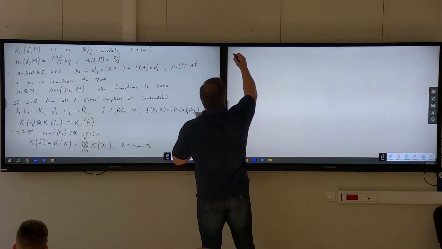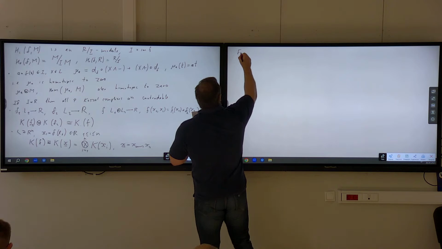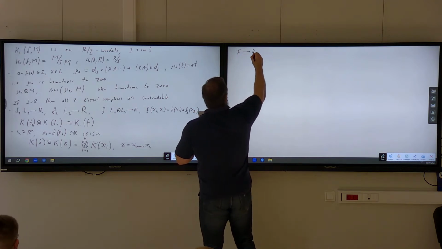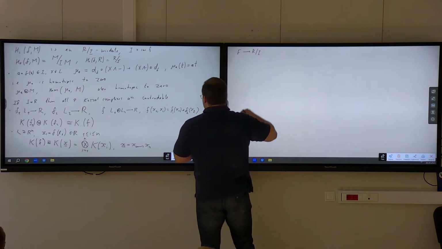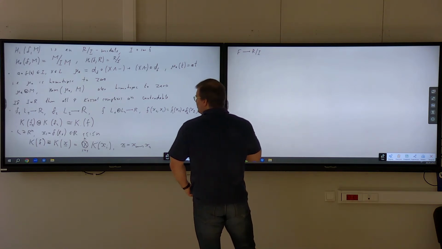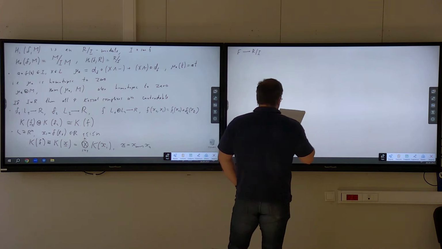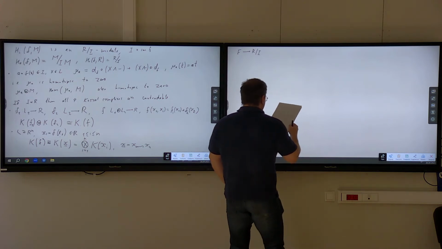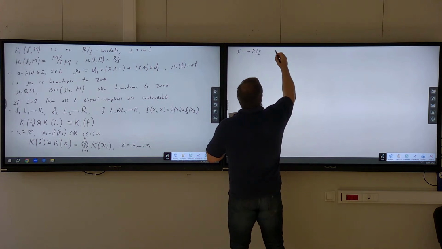Okay, so next, if you have a free resolution F for, say, the R module I, or you can do modifications. Now I'm mostly talking about the main Koszul complex, but if you want, you can immediately modify everything when you have a module. Now, if this is a free resolution, so this is a complex.